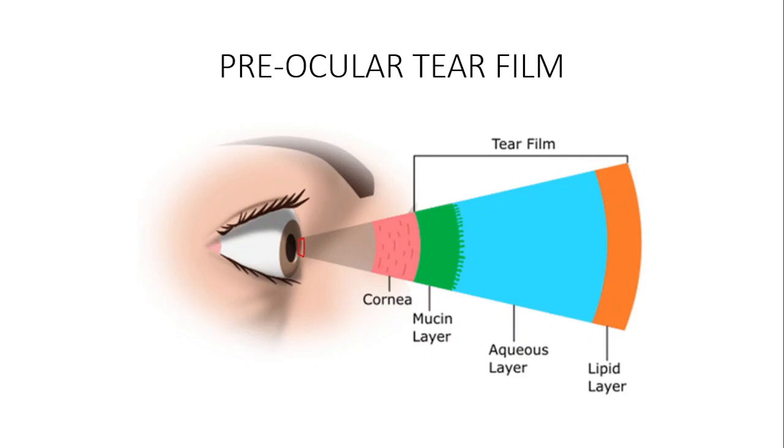But there are causes of reduced reflex secretion. For example, when we put topical anesthesia in your eye, it will blunt all the sensory innervations, and secretion will reduce. And when we are asleep too, reflex secretion is what? Markedly reduced.